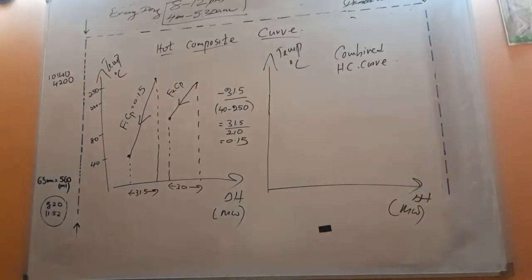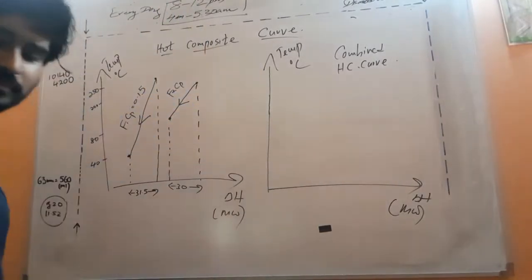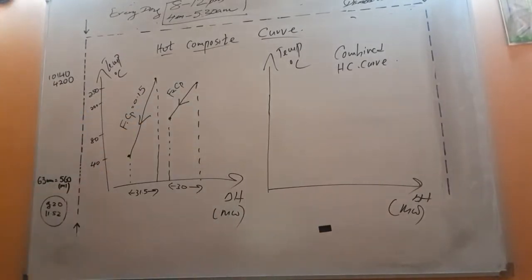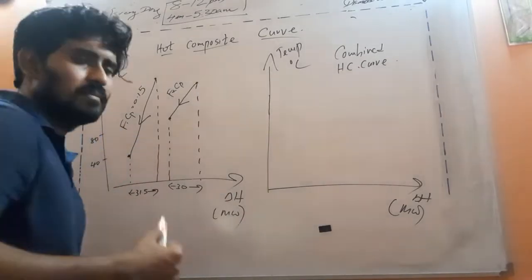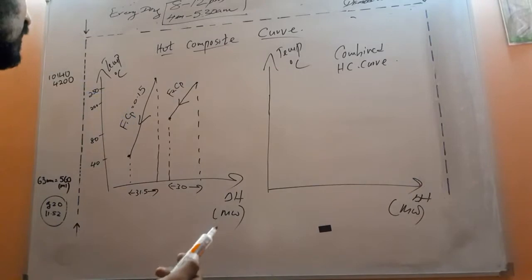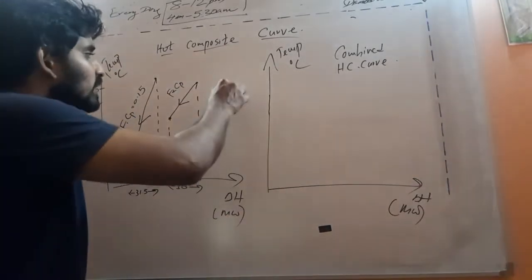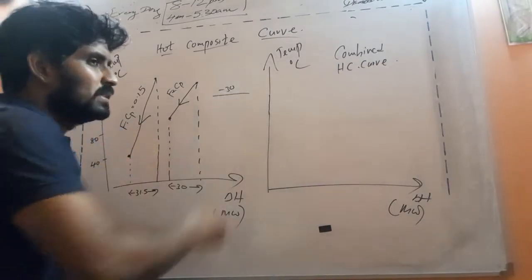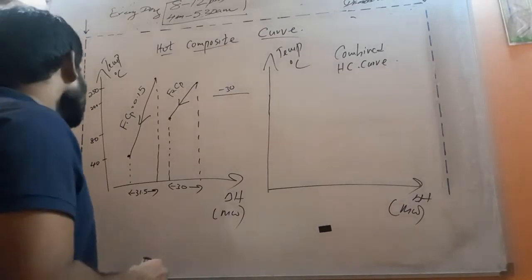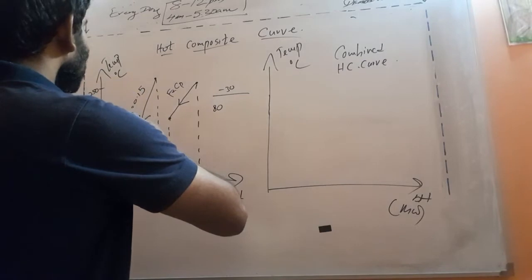And likewise, in a similar manner, let's consider the FCP value for this curve. That is also easy. As it is a process we consider for the hot composite curve, the sign of the delta H value is negative. So it is negative 30. The temperature difference is target minus supply. The target is 80, supply is 200.